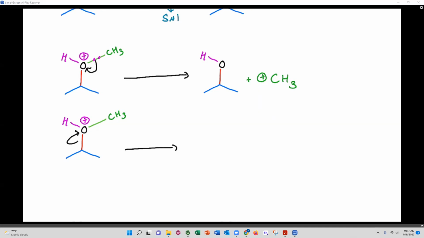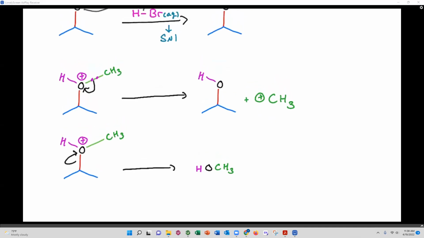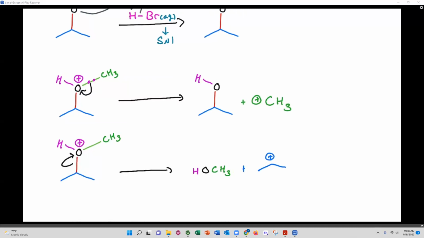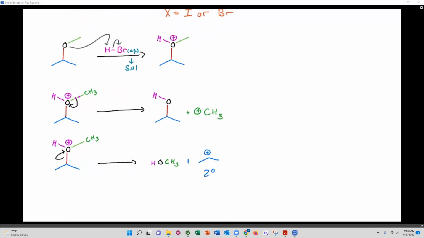So now I'm going to have this. But then what I see is that instead of forming a methyl carbocation, I'm going to form the secondary carbocation. So what is the difference between these? I have secondary versus methyl. We're going to form secondary long before we're going to form methyl.